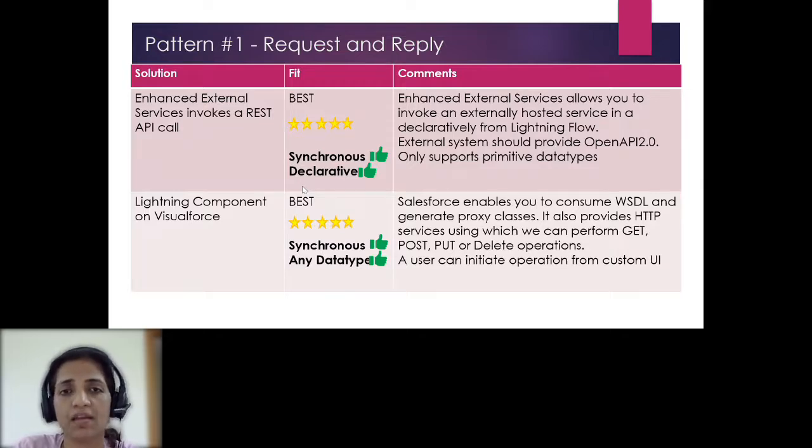Since it is a declarative approach, that should be your best option. The next option that you have is to do it via a Lightning component or Visualforce. Again, Salesforce enables you to consume any WSDL that is provided by an external system. In all enterprise landscapes, you typically have a middleware that will help you with that as well. However, you will still need to consume a WSDL which is agreed with the middleware.